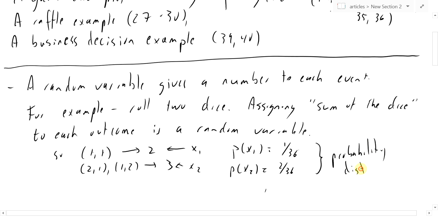And the whole process of assigning a number to an outcome is called a random variable. Really, a random variable is a function. To each input, which is each possible event, you give it a number of some sort, except it's called a random variable because that's what it's always been called. Okay, great.